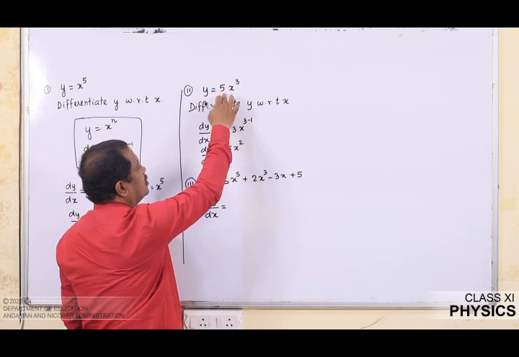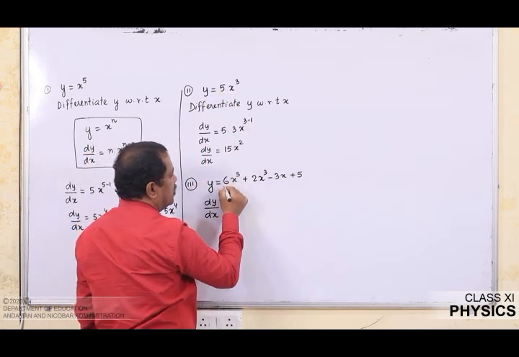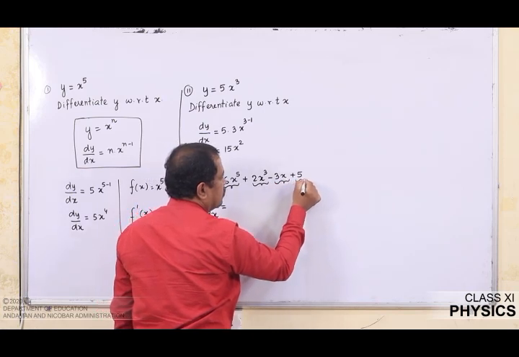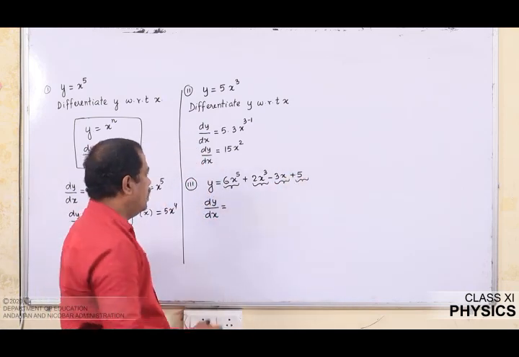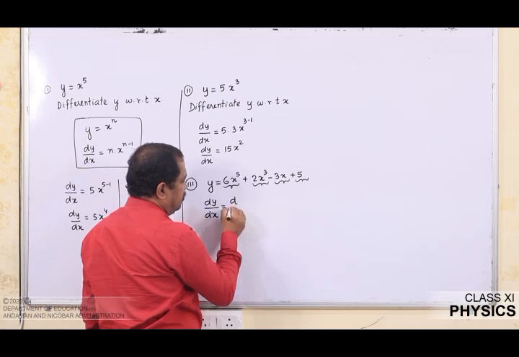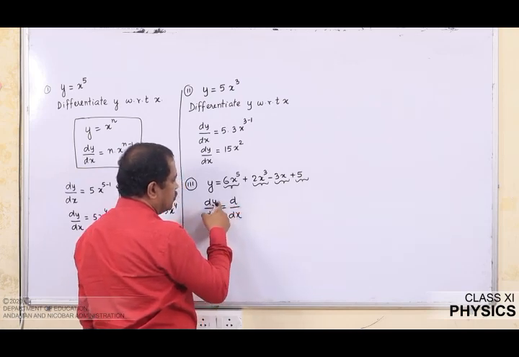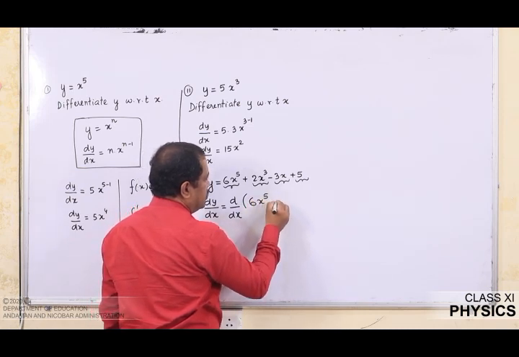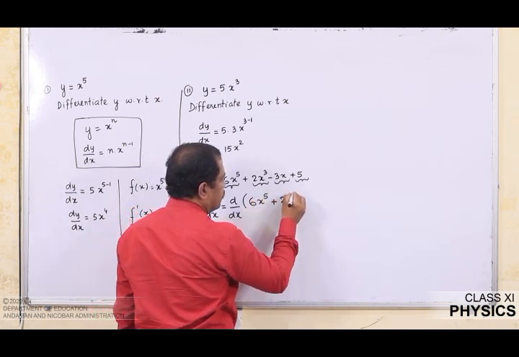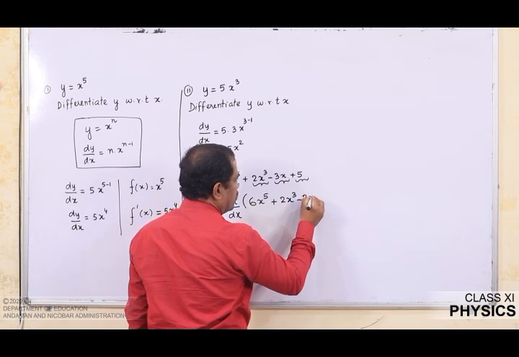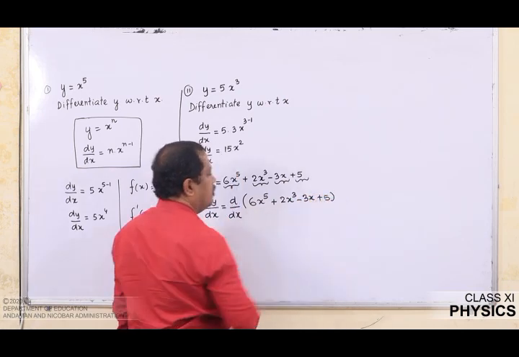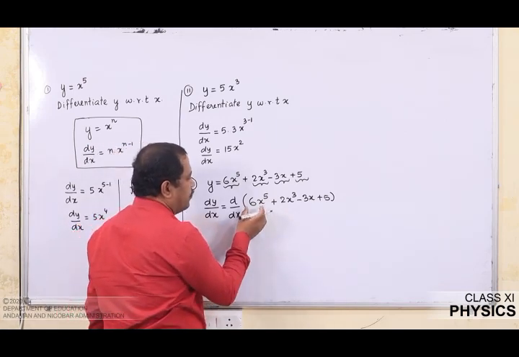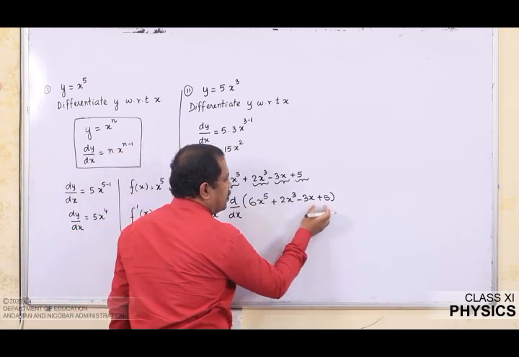But if I compare this one and the earlier one, I see that this function has many terms. So, if I have d over dx of y, I will have to differentiate this entire function. To do that, I am going to differentiate each term separately.